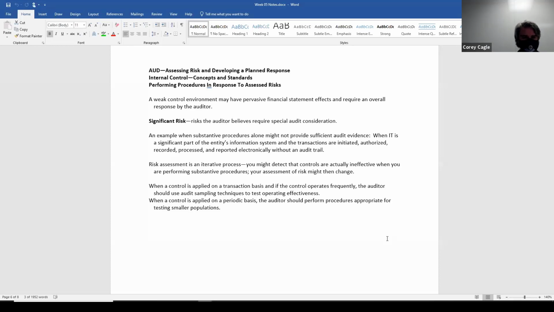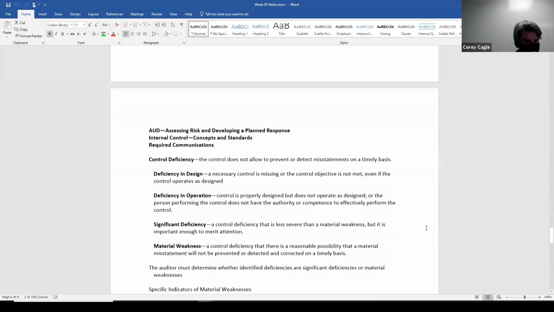And they said that might be the case if IT is a significant part of the entity's system, and that transactions are initiated, authorized, recorded, processed, and reported electronically without an audit trail. So they do give us that little exception where we may not be able to just do our substantive tests. We may have to get into the control tests a bit. But yeah, there's not a whole lot of good information in that section.